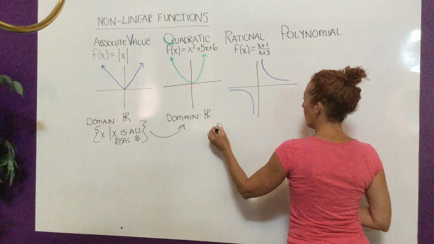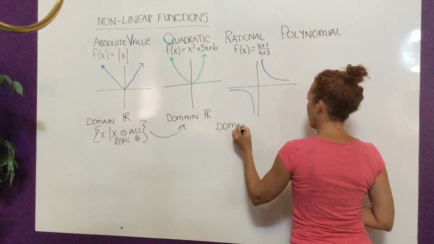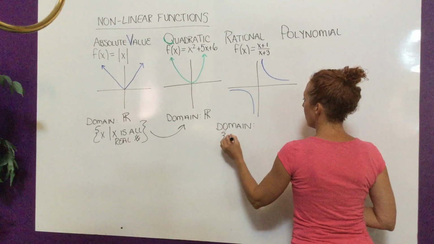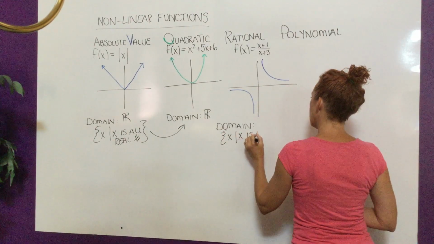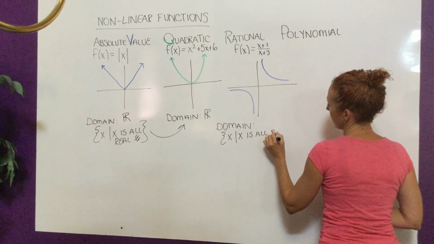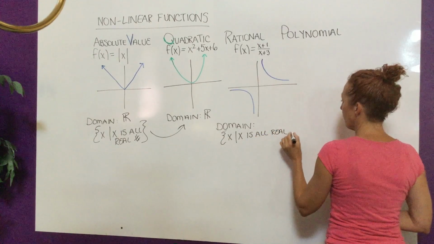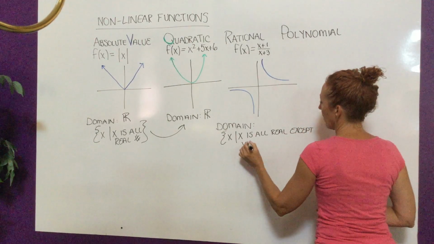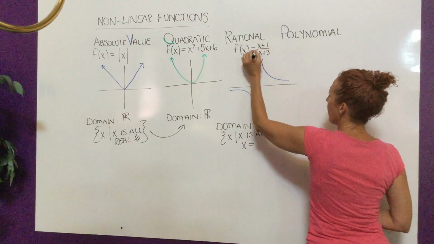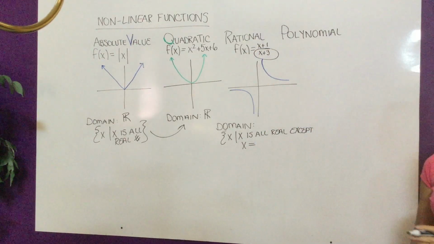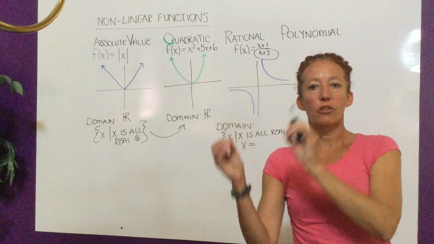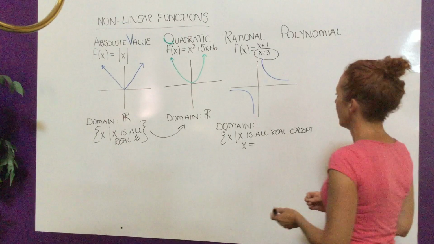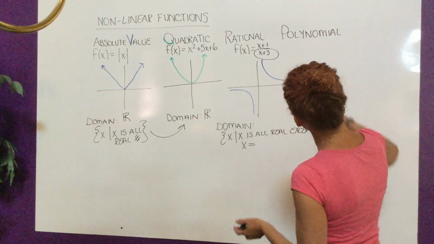The domain here does have a trick. It is all real numbers except x cannot be whatever value would make that blow up, just like you looked at in section 6.1. If you need to, go back to section 6.1, I would recommend doing that.